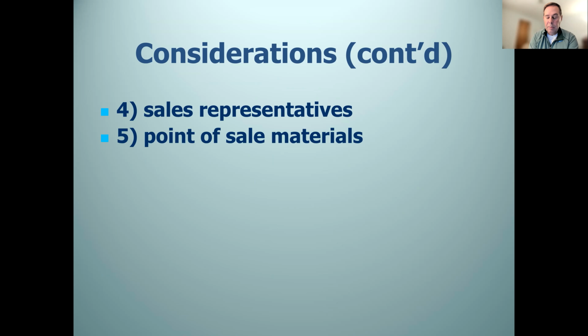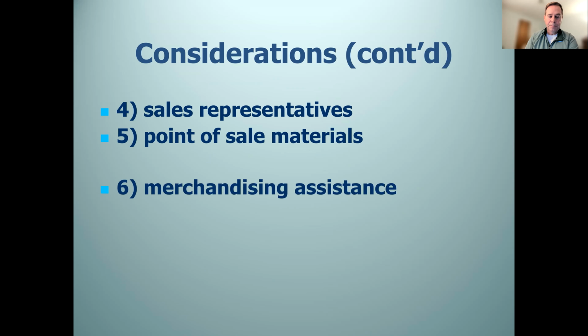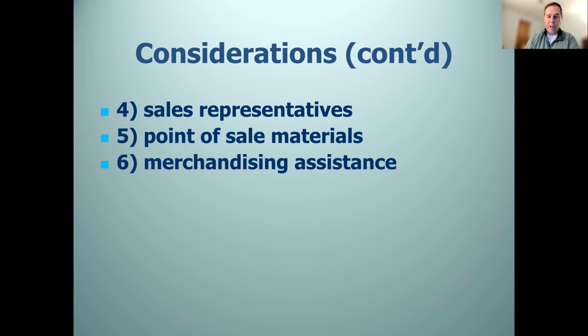What kind of point of sale materials are available? Catalogs, brochures, flyers, what kind of things can you show the consumer? It may not be the actual product itself, but something that you can email to them. Is there a website that you can use? All those things are important, and whether or not that particular vendor has a good amount of point of sale materials to offer, and making sure that they update them from time to time as well.